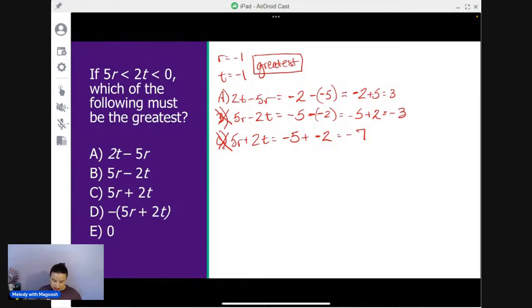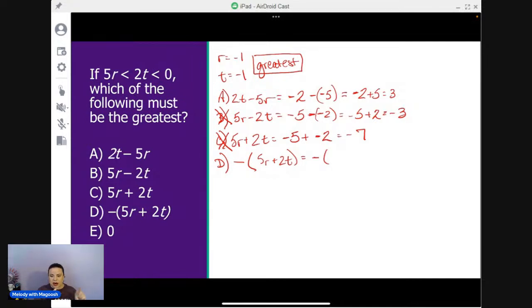Answer choice D, negative, parentheses, order of operations is important here, 5r plus 2t. So I would just keep those parentheses for now. But I just figured out what 5r plus 2t is in answer choice C. Did you notice that?